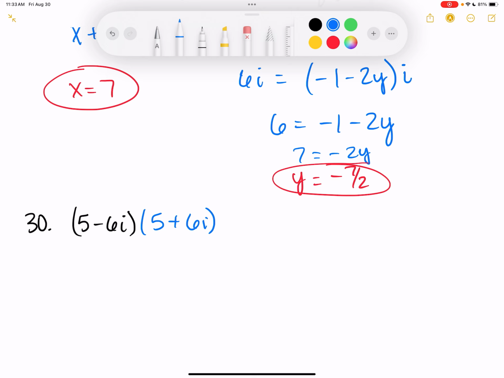The other one's a perfect square trinomial, but this one is a difference of squares. So when I multiply this, what do I get? And I know what i squared is, so what is this going to become? 25 plus 36, which is 61.